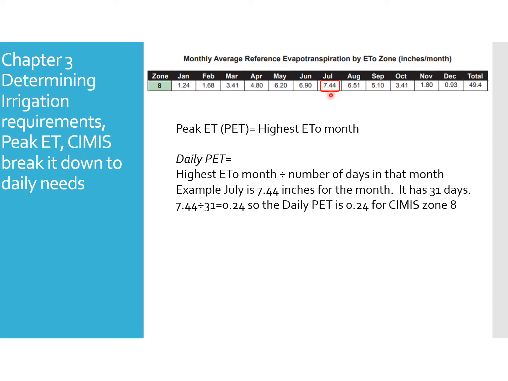You take this 7.44 inches and divide it by the number of days in that month. In July there are 31 days, so we take 7.44, divide it by 31, and we come up with 0.24. So the daily PET is 0.24 for CIMIS Zone 8.